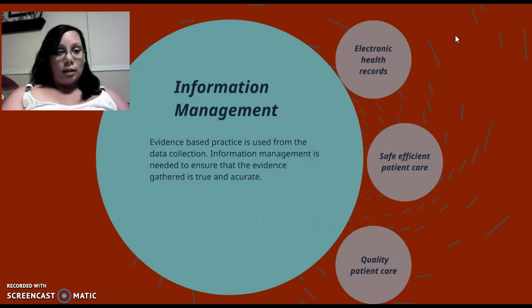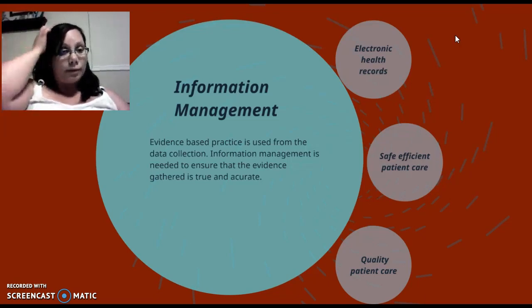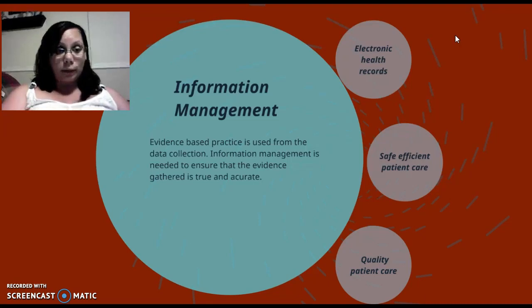That ensures that each patient is getting the exact same care according to whatever they need, and ensures that they're getting the quality care that they need, because they are able to get to the right specialist depending on what care they need, depending on what hospital visit they were there for.